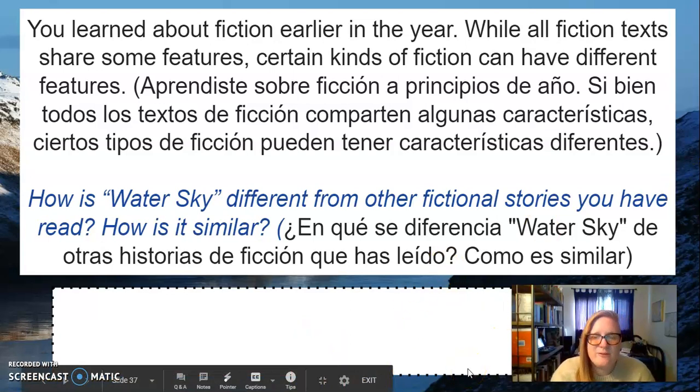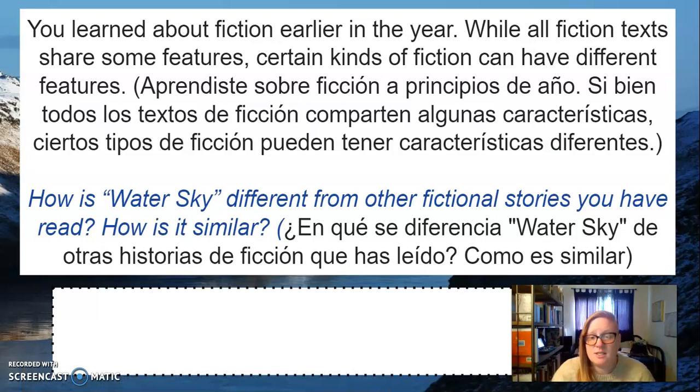Some other fictional stories that you've read have been Cinderella's Really Bad Day, King Midas, Snow White, a Russian folktale. I'm trying to think of more. I'm sure that you could think of more. But we've read a lot of fictional stories. So what is different about those and what's similar about those?